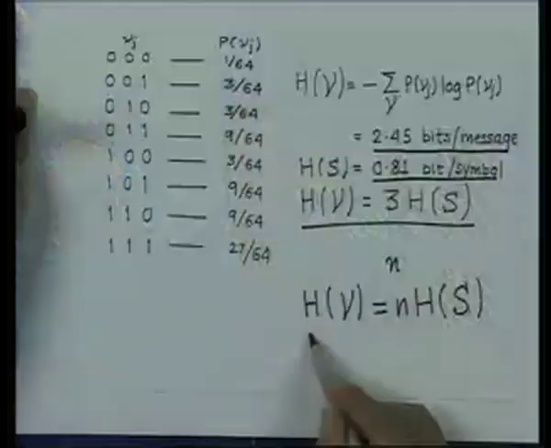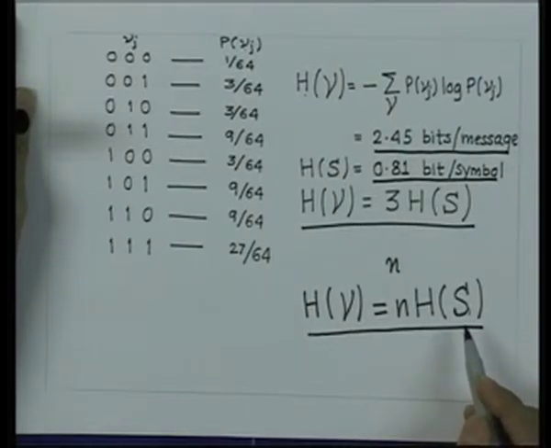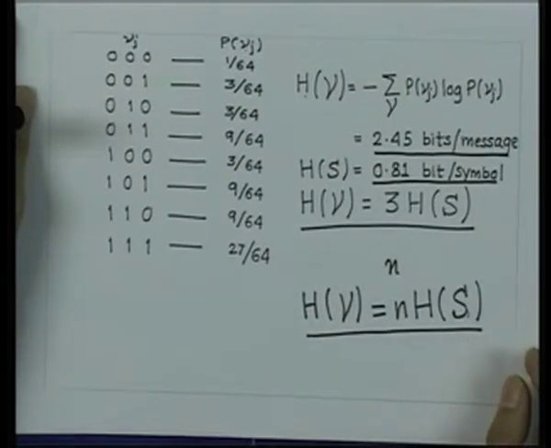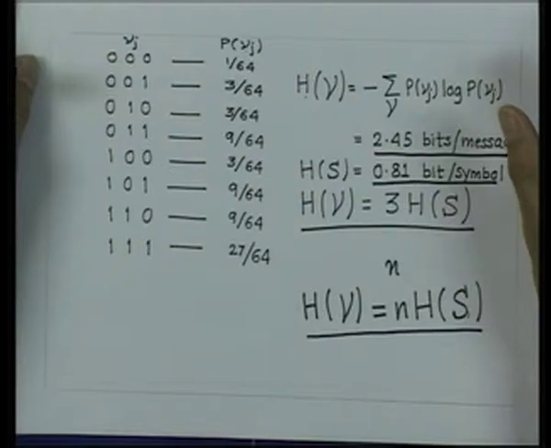What is the advantage of looking at the source in this form? When we do coding, we will see that when we look at the original source in terms of blocks of n symbols, it is possible for me to carry out coding which is more efficient than when I had not looked at this source in this form.